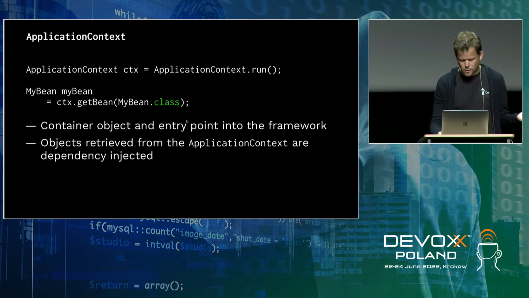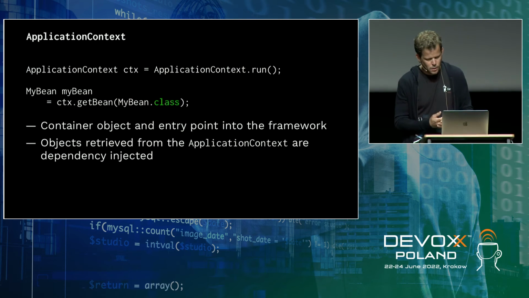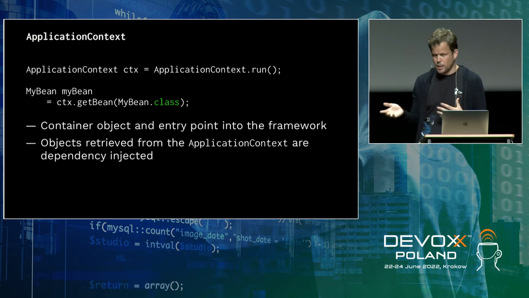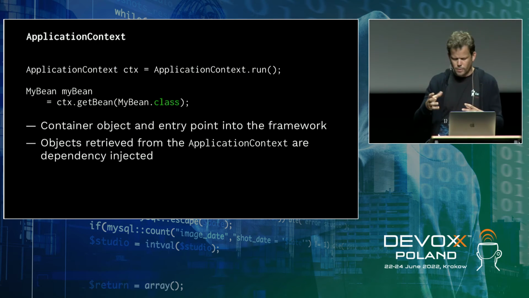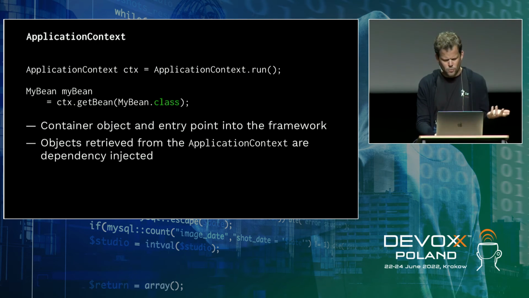The application context, as you saw, is a container object you can interact with to retrieve objects, basically get the objects that you want that are already wired together.